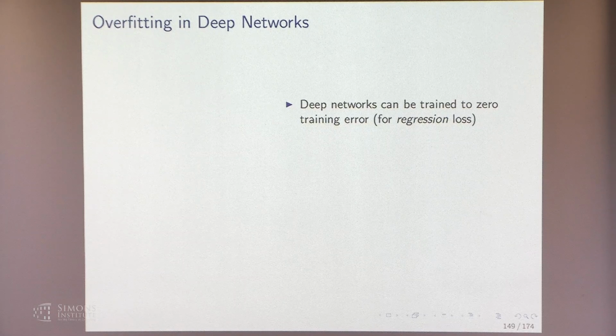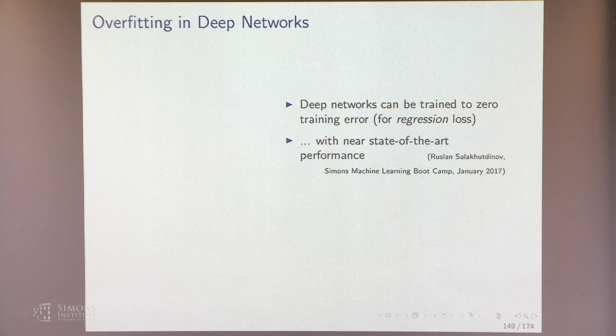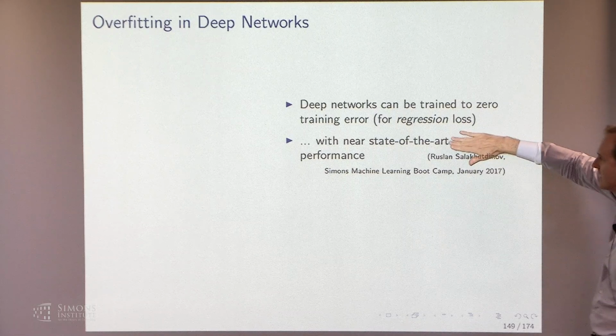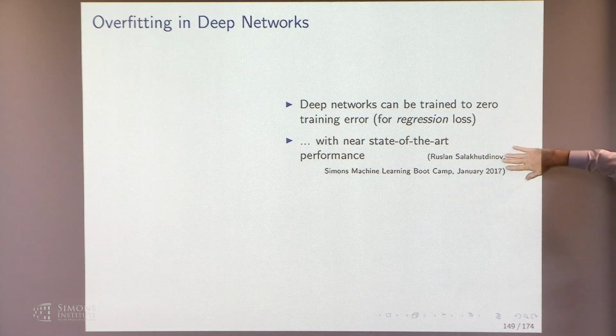That's a strange thing, but the really surprising thing is you get good performance out of this. A lot of people were talking about it. There was a Simons Institute program on foundations of machine learning 2 years ago, and in the boot camp, Russ Salakhutdinov was talking about an approach that people use in practice.